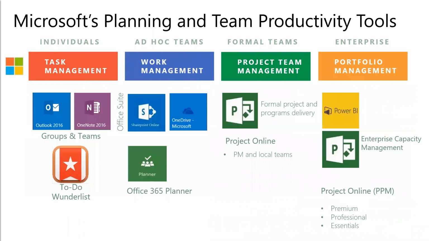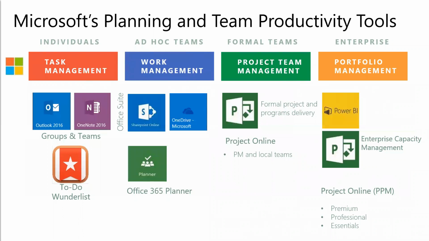And then finally, portfolio management, where you need a visual of everything you're working on in your organization. That's where Power BI comes into play, so that you can report on all of your projects and the metrics that you have stored in Project Online and SharePoint. There's enterprise capacity management in the Project Online space.